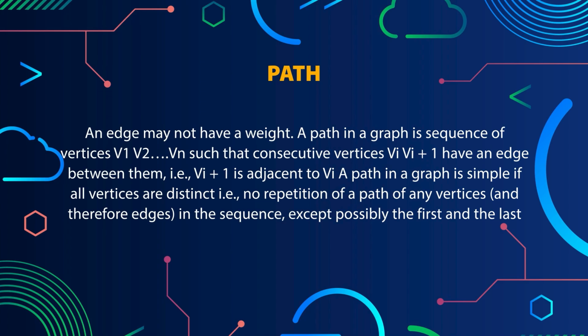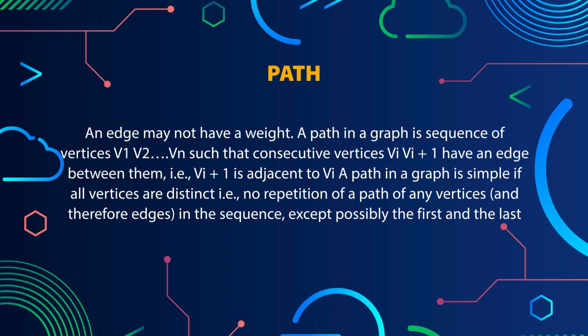So the edge may not have a weight. In this particular case, there is no compulsion that every edge will have a weight, but a weight can also be there on the edge.